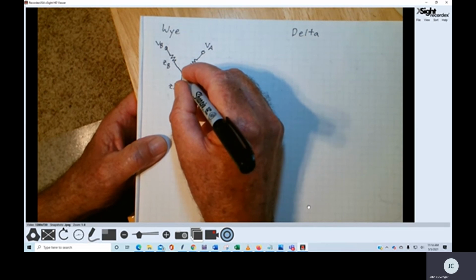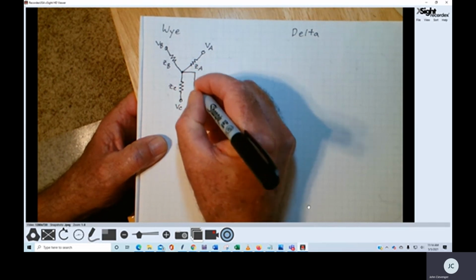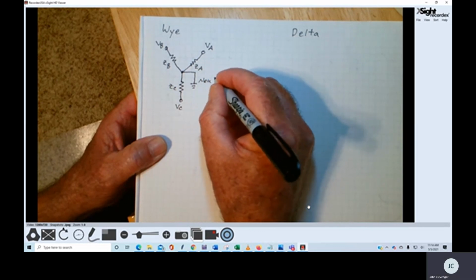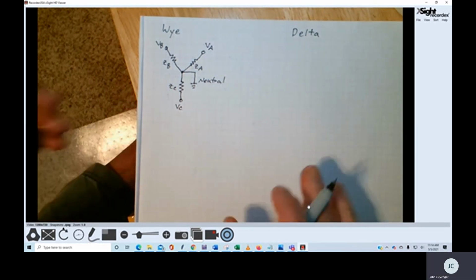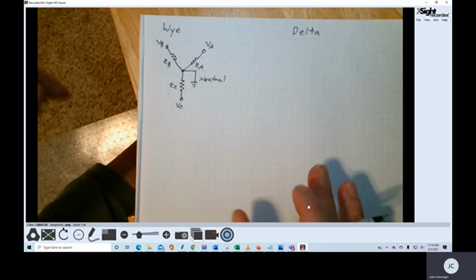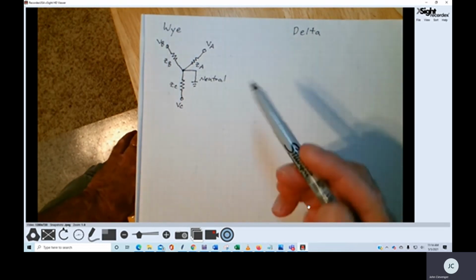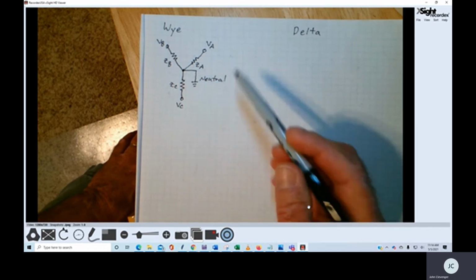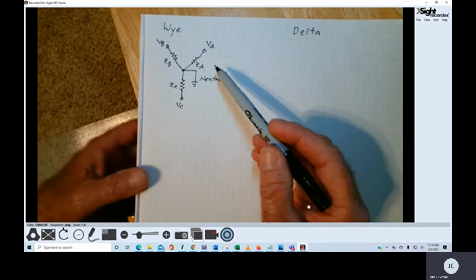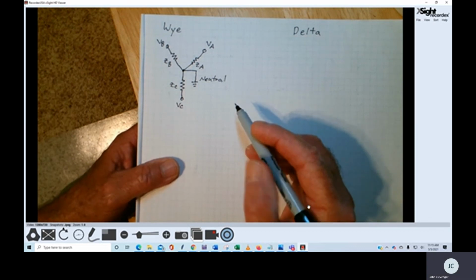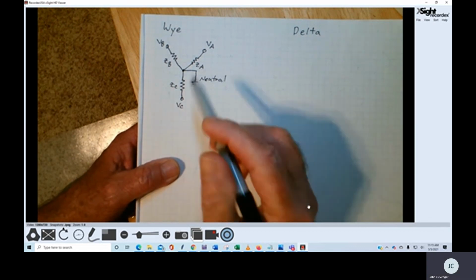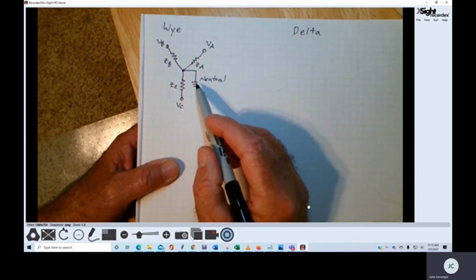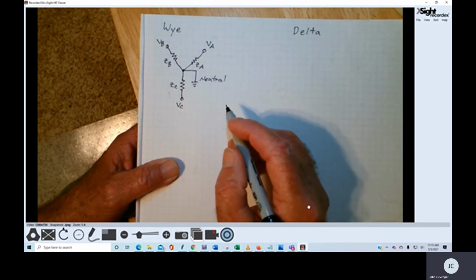Now this point right here is connected to our neutral, which we'll symbolize with the ground symbol here. So phase A, phase B, and phase C all supply 120 volts for our example, 120 volts to their respective impedances with respect to ground or the neutral.